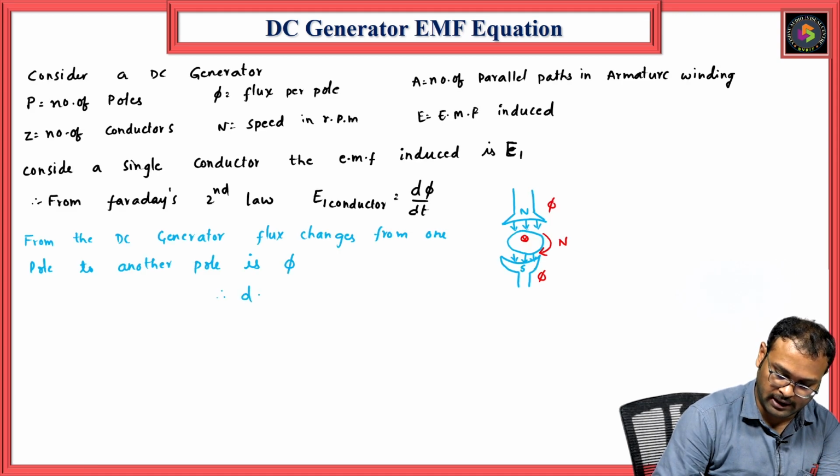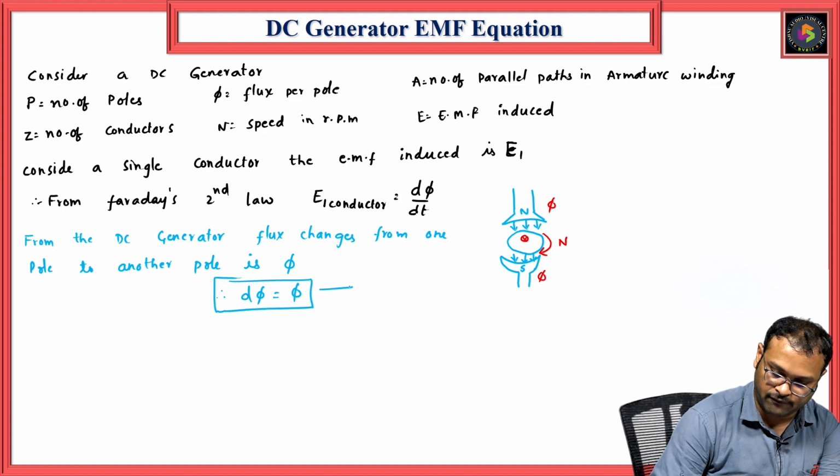Therefore, d phi is equal to phi. This is the first equation.